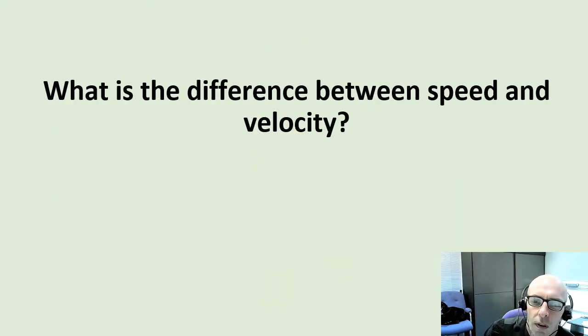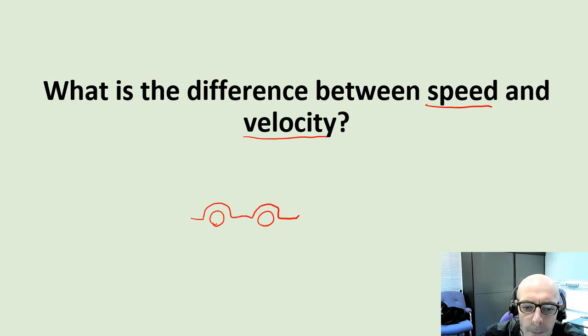So the other thing I said at the start was about scalars and vectors. So when we talk about speed and velocity, let's just draw a nice little sports car. Obviously I don't expect your artistic abilities to be as good as mine, so don't worry if you can't draw it as well as I can.